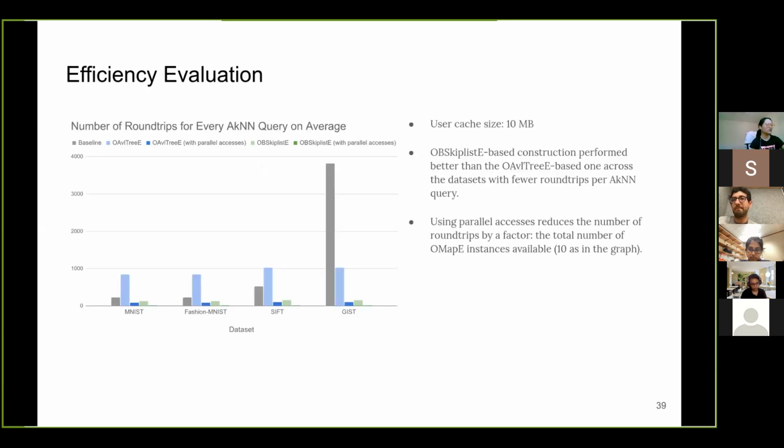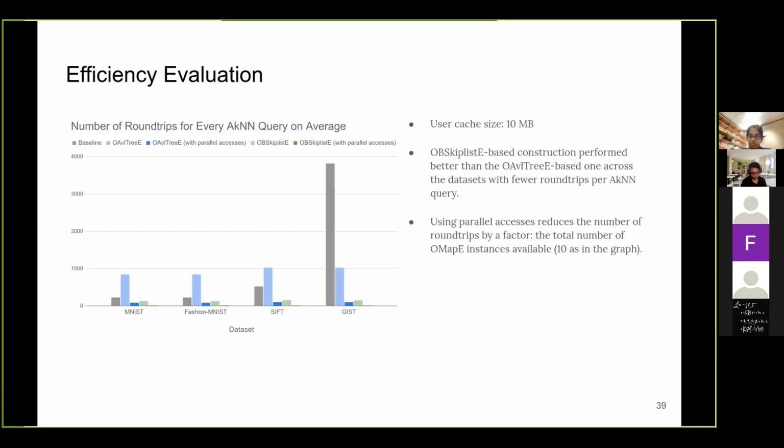So for the efficiency evaluation, this is for a cache size of 10 megabytes. At the time we were writing the paper, we didn't have a scheme that is comparable with strong security, so we can only compare it with a baseline. The baseline is basically transferring the whole encrypted database.